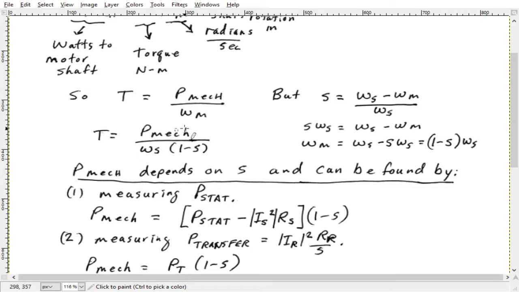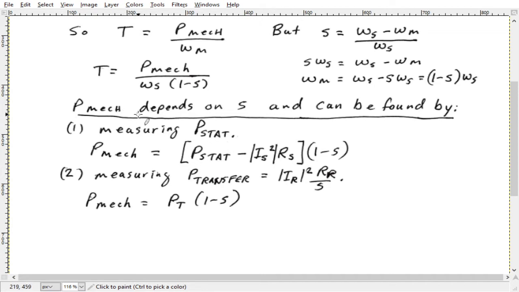The torque equals the mechanical power, which we've already calculated, divided by this. This will give us the actual speed. Now, P mechanical depends on S, and can be found by P mechanical equals this, okay? And measuring the transfer here. So these are the two ways to do it.